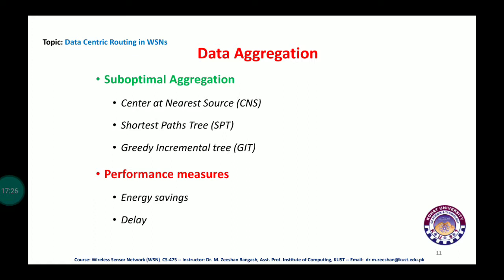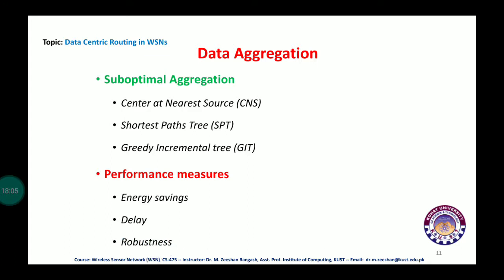The second most important thing is the measurement of the delay, that is, how much delay in the transmission will occur if you follow any of the suboptimal aggregation techniques, whether it's SPT, CNS or GIT. That performance metric needs to be considered in data aggregation when you are considering data-centric routing in WSNs, and the performance measures include the energy consumption measurement or the delay measurement.